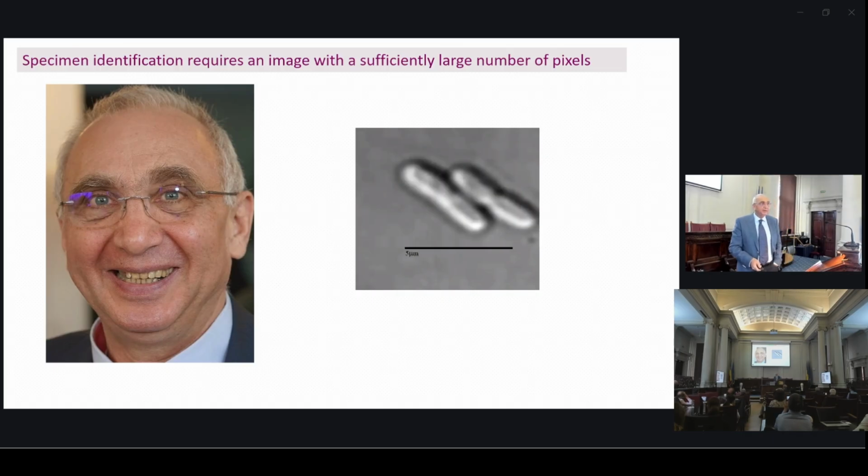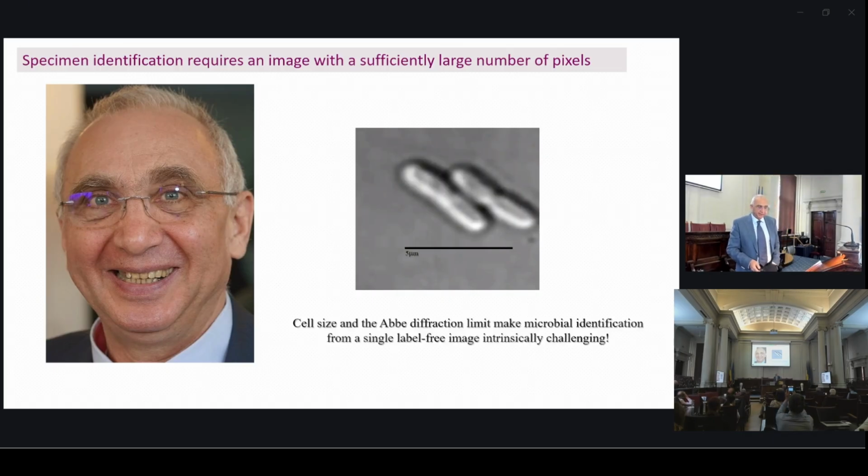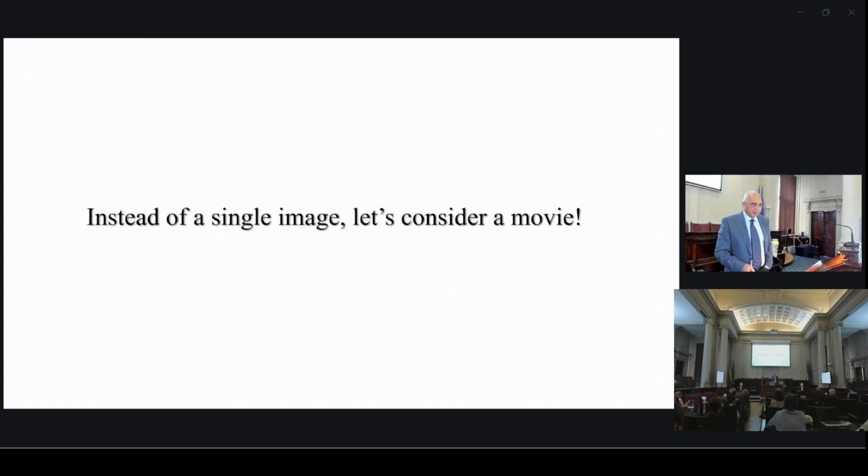Unfortunately, bacteria are pretty tiny, and not only their size, but also the Abbe limit make microbial identification just from a single label-free imaging pretty challenging. So what should we do?